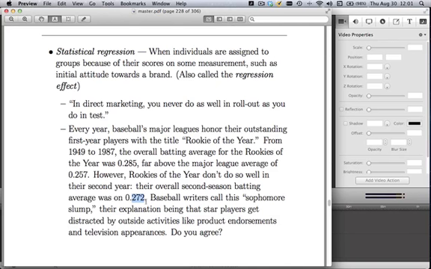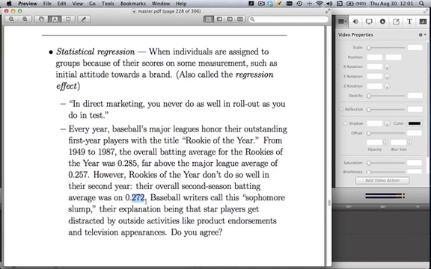So it's as if making the cover of Sports Illustrated jinxes you, and your performance drops the next week. And again, people claim that having your face on that cover is the cause of your decline.